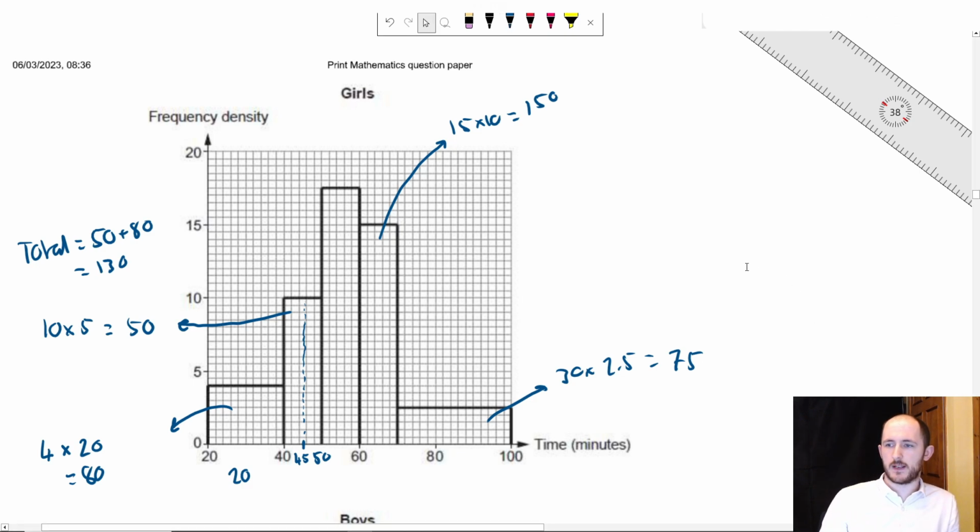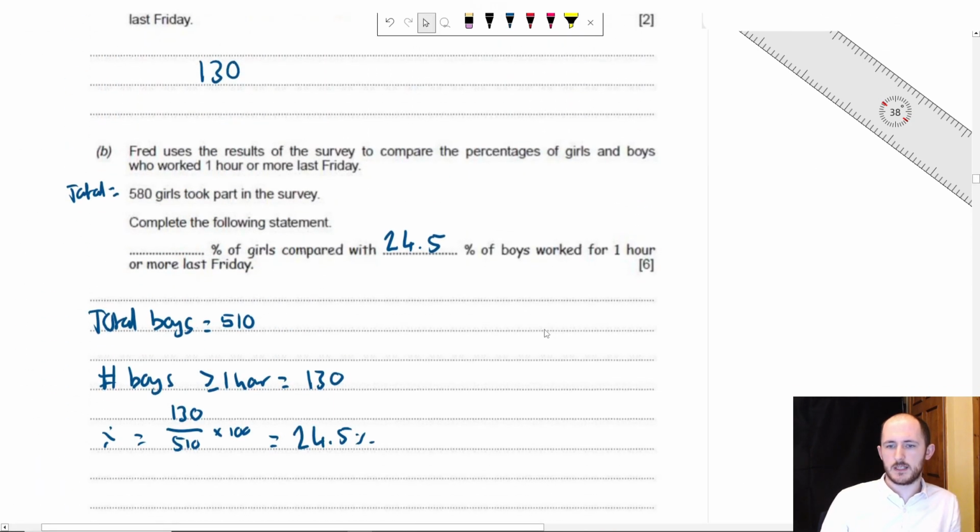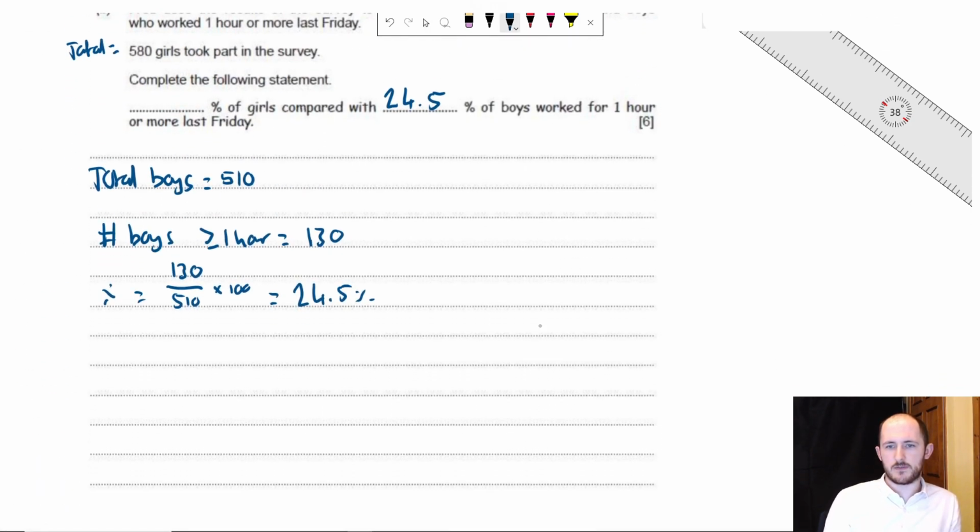Okay. So that would be 225 in total. So the number of girls was 225. And the percentage would then be 225 over 580 times 100.